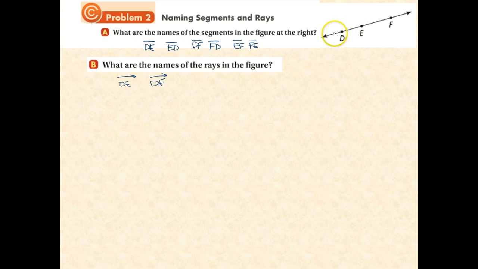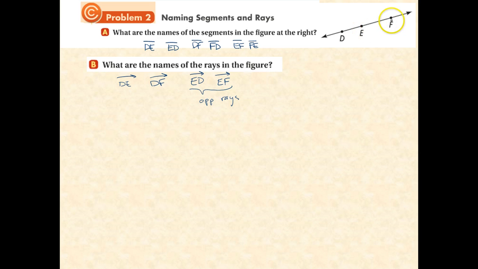Going in this direction, we have ray ED. And in this direction, we get ray EF. Now these two happen to be opposite rays because they share the endpoint E, and they make a line.